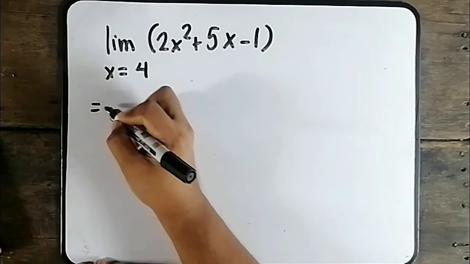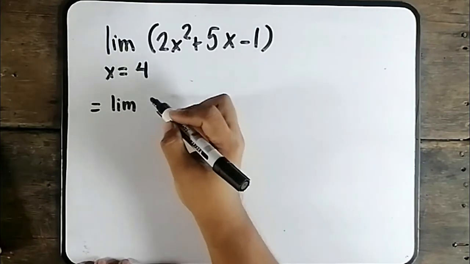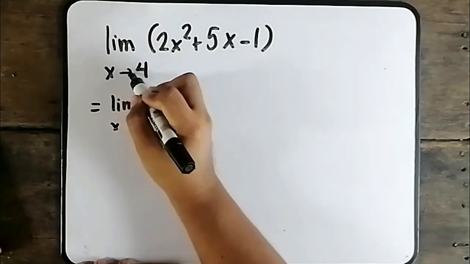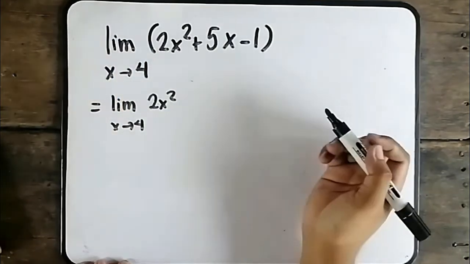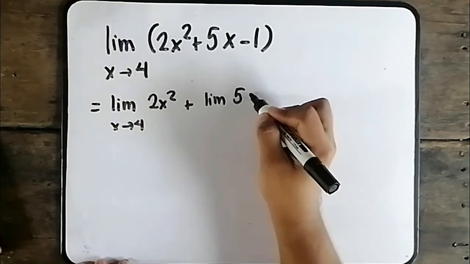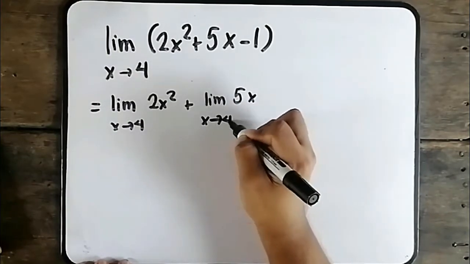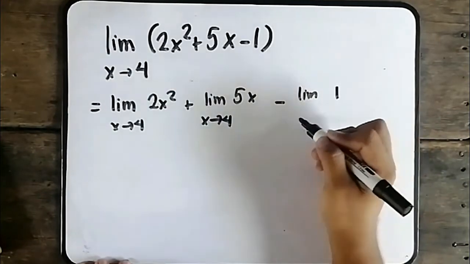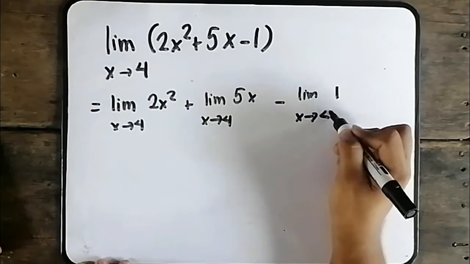Okay? So we have now the limit of 2x squared as x approaches 4 plus the limit of 5x as x approaches 4 minus the limit of 1 as x approaches 4.